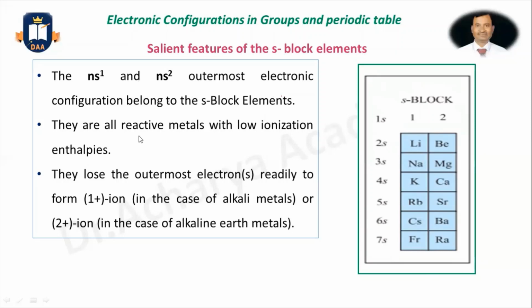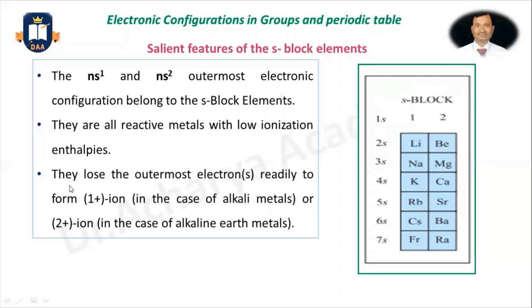They are all reactive metals with low ionization enthalpies, because they are ready to donate the electron, which we'll know in detail during the class on chemical bonding, which is the next unit.